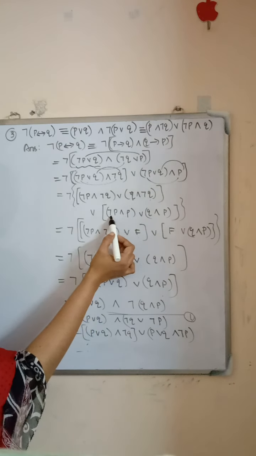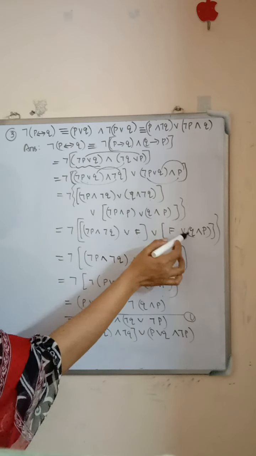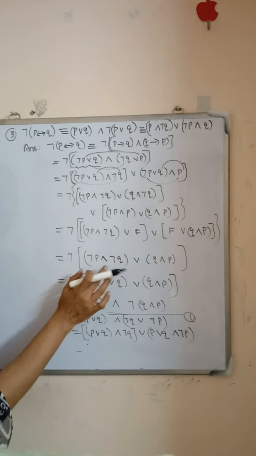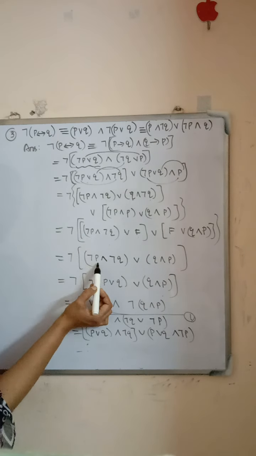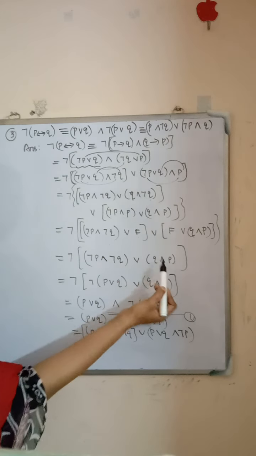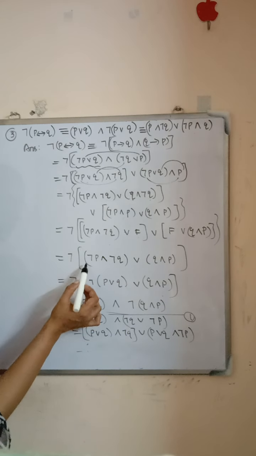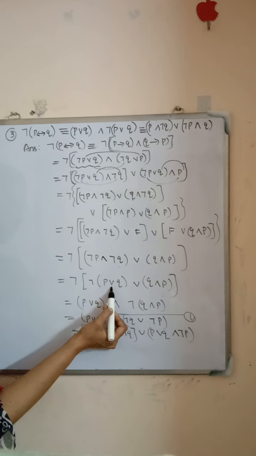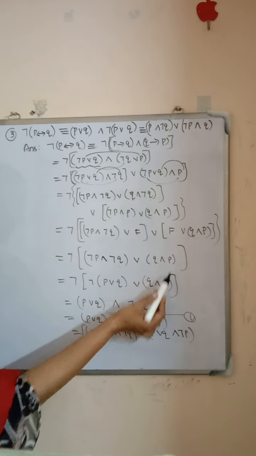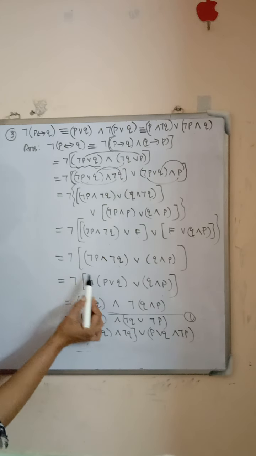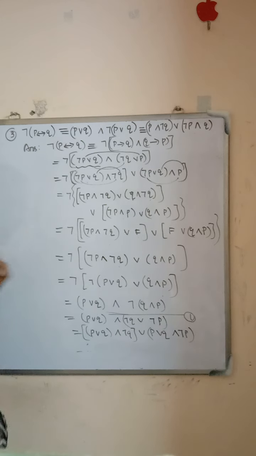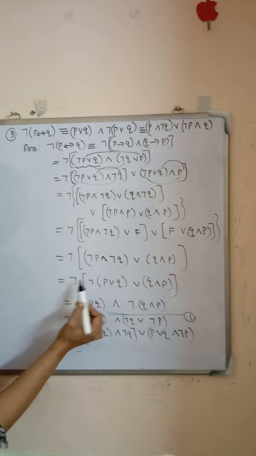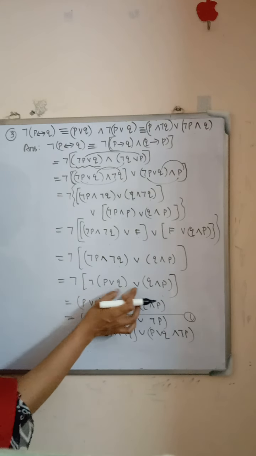That is, a statement or false is that statement. So negation of negation P and negation Q, or Q and P. Applying De Morgan's law, it is negation of P or Q, or Q and P. Distributing negation to this bracket, we get negation of negation P or Q is P or Q. That is by De Morgan's law, negation of this statement or this statement.